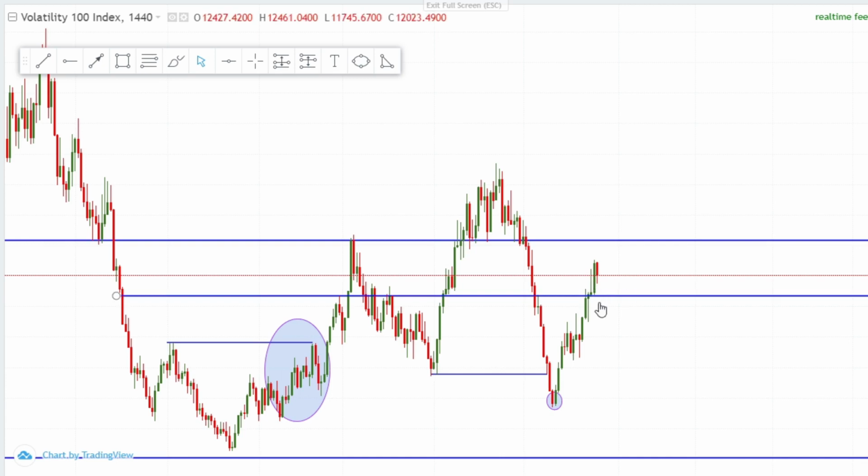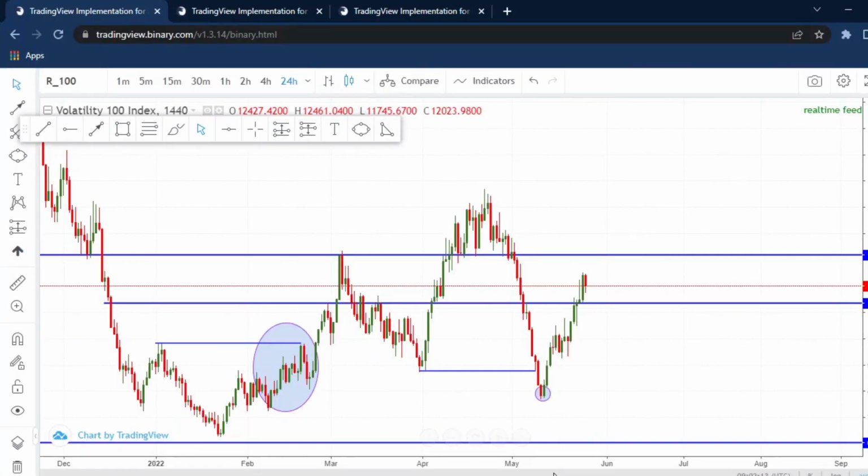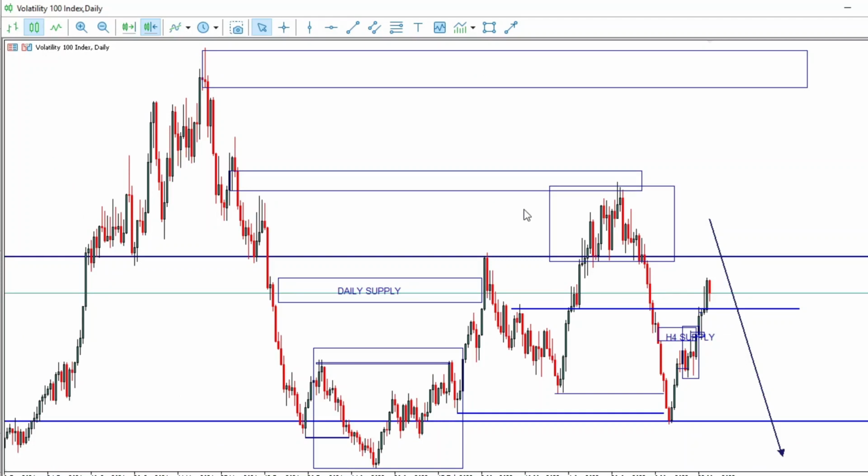I hope we are going to get confirmations to come down, but before we get them, we shall not come down. So let me quickly go on MetaTrader 5 and we quickly see this. It is the same setup. This is VIX 100. We are going to quickly go on H4. This is where we are currently.